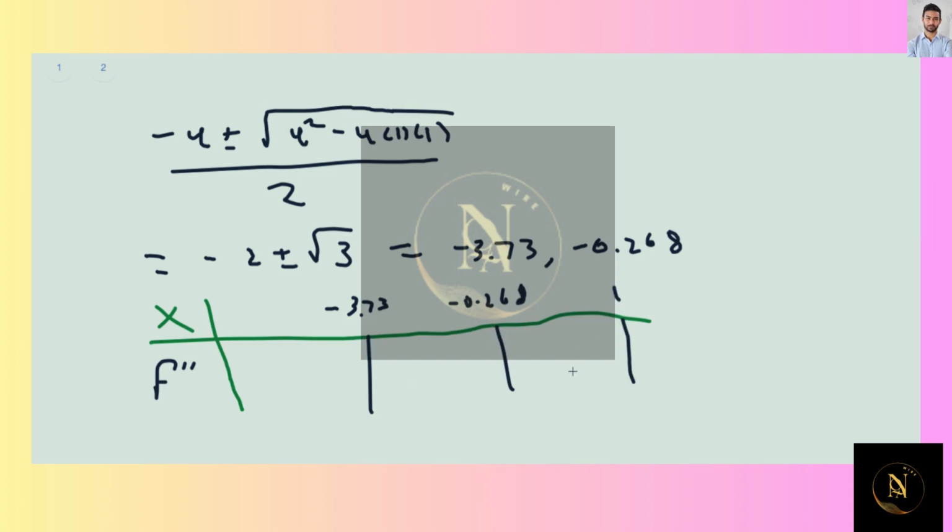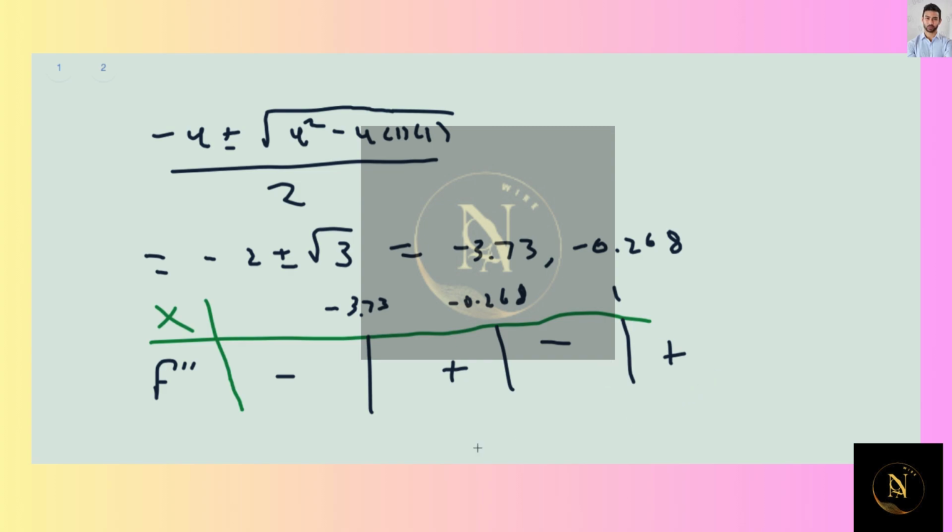If you plug in values less than negative 3.73, you get negative. Between these numbers, you get positive, negative, and positive. So we have inflection points occurring at negative 3.73, negative 0.268, and 1, because that's where it goes from negative to positive, then positive to negative, and negative to positive.